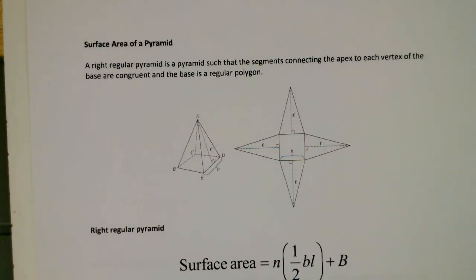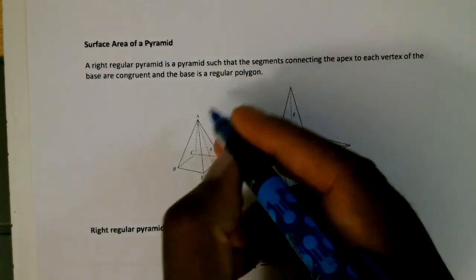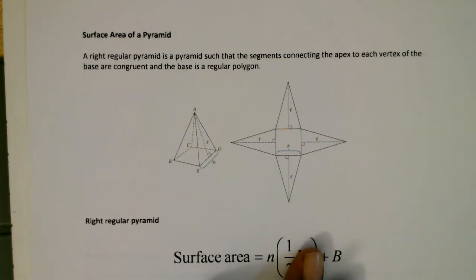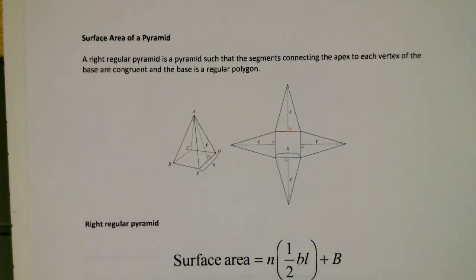Right, on the next page, we're going to look at the surface area of a pyramid. A right regular pyramid is a pyramid such that the segments connecting the apex, which is the tip of that pyramid right at the top, to each vertex of the base are congruent, and the base is a regular polygon.